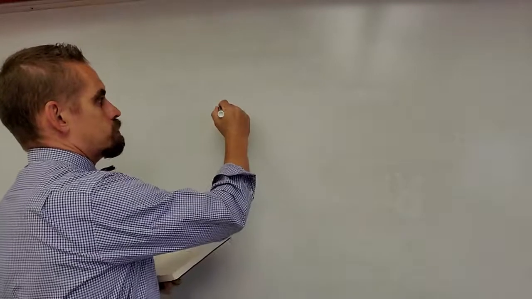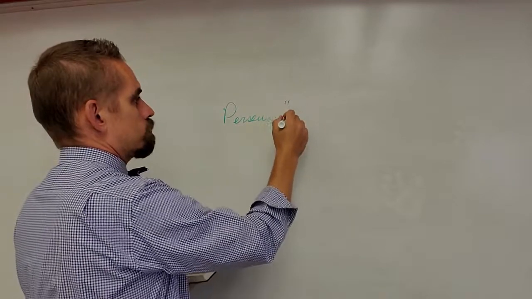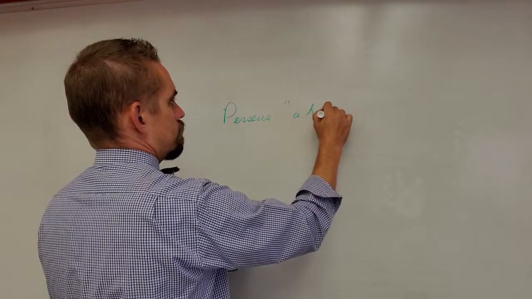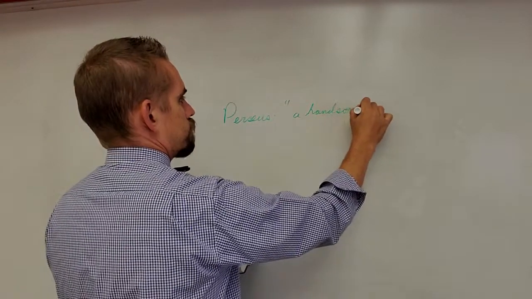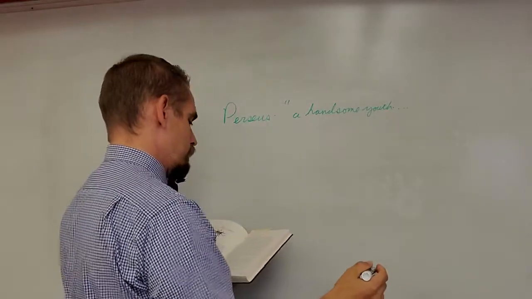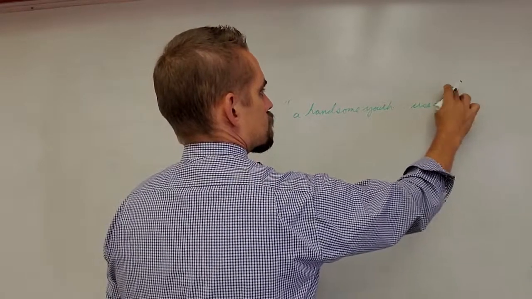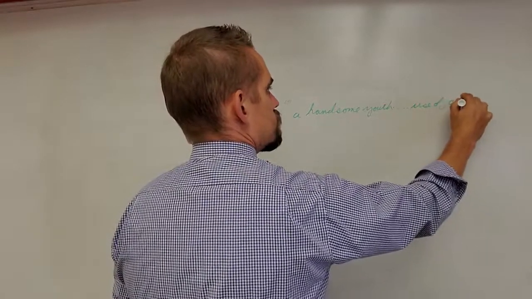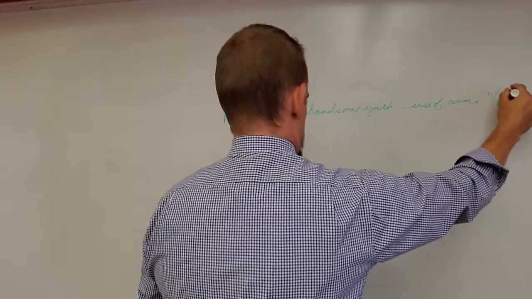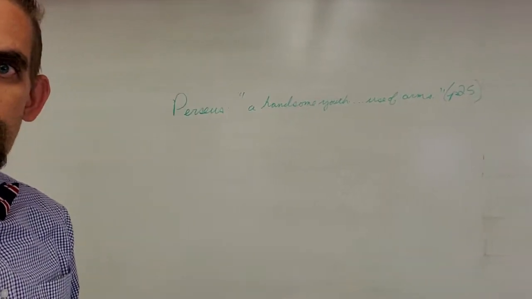So last time it was Perseus, colon, quotation marks, a handsome youth, until, says use of arms, period, close the quotation marks, page 25. All right, so that's how we described Perseus.